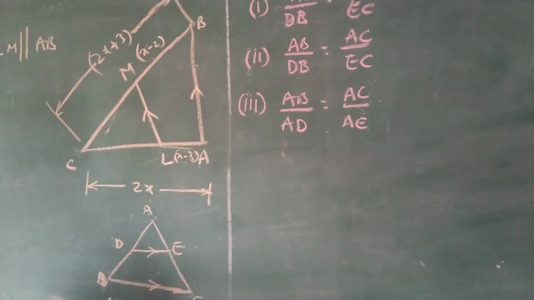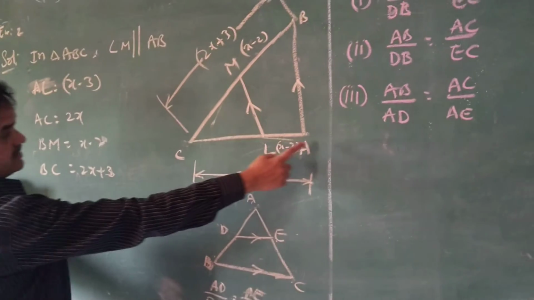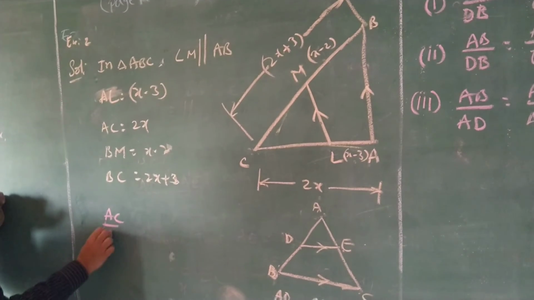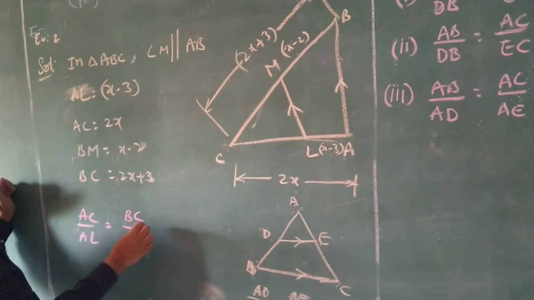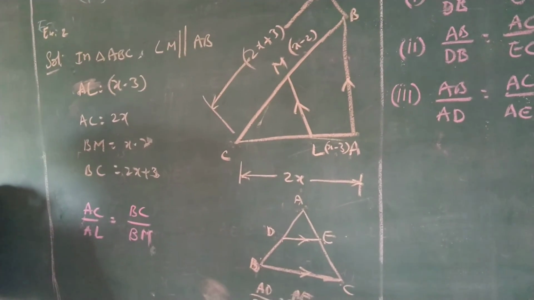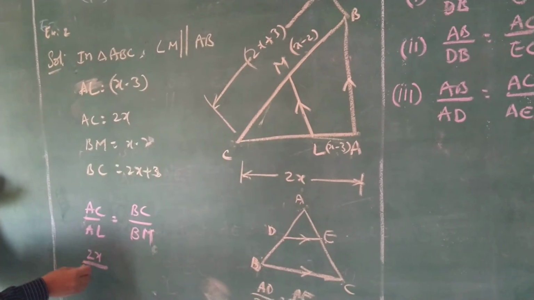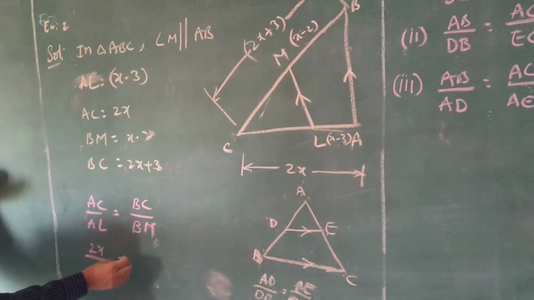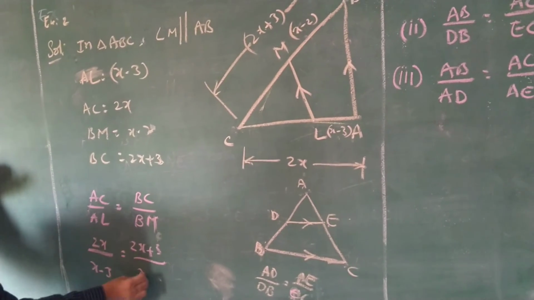In this second example problem, you have to apply that second point. AC by AL is equal to BC by BM. Here AC is 2x, AL is x minus 3, BC is 2x plus 3, BM is x minus 2.